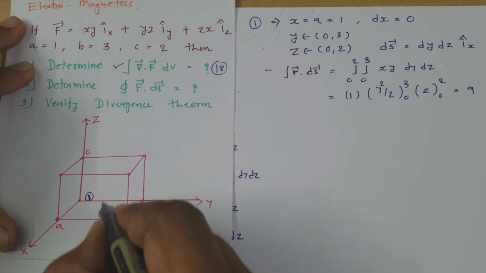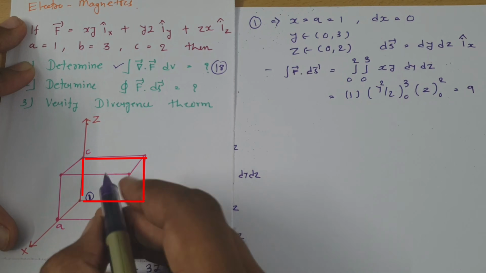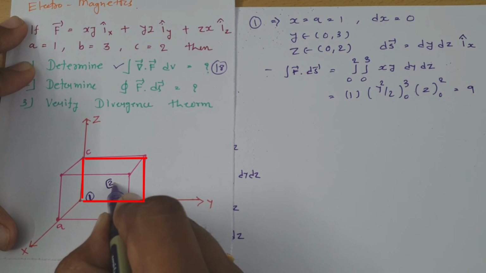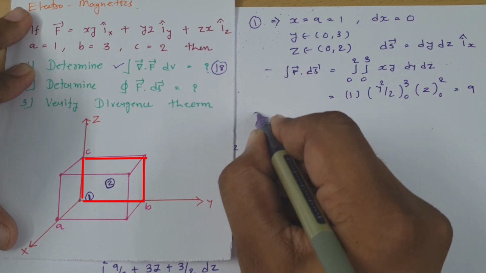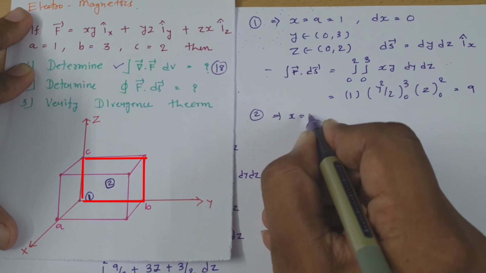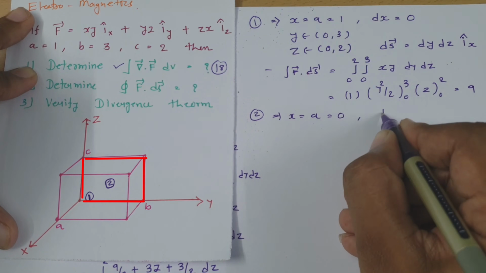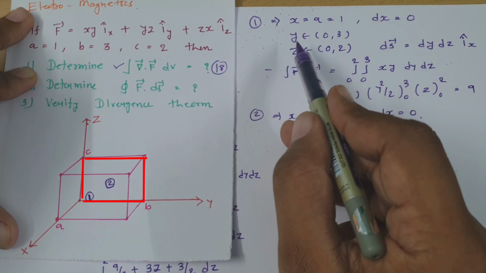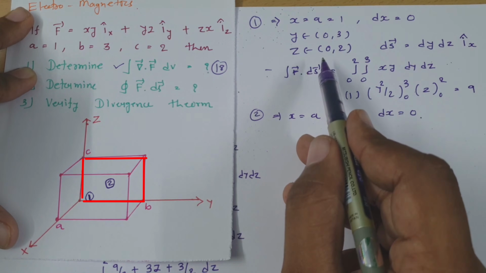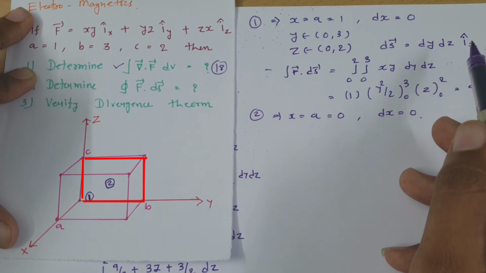Now similarly, let us calculate the surface integration for this surface, surface number 2. For this second surface, x is equal to 0, so dx is equal to 0, and the same thing, y will vary from 0 to 3, z will vary from 0 to 2, and ds is dy dz in the i direction.